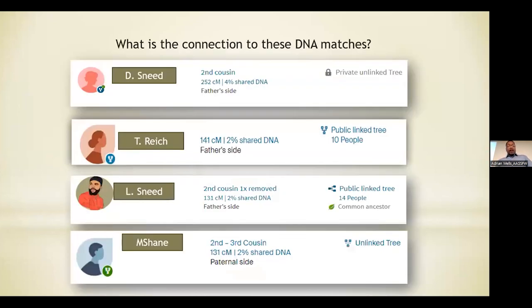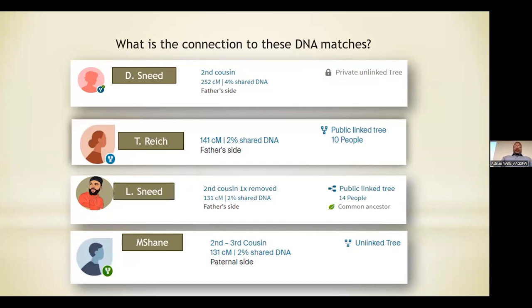So here it is. I want to know what the connection is to these DNA matches. You see these 4 DNA matches: the first one shares 252 centimorgans, the second one 141 centimorgans, the third 131, and the fourth 131 centimorgans.